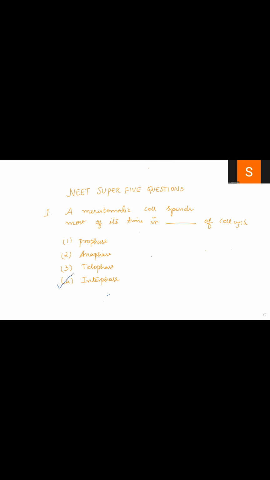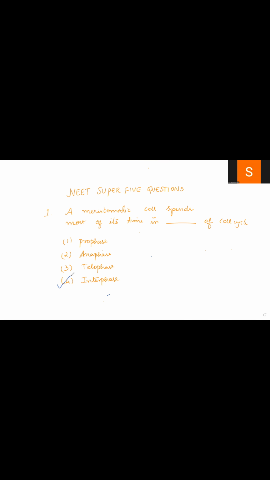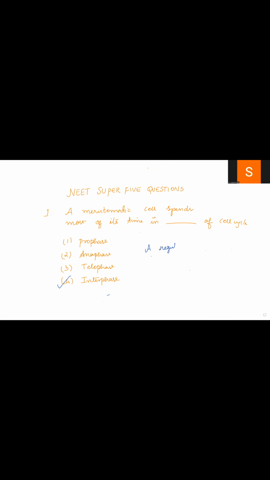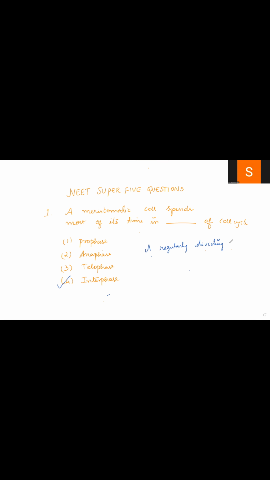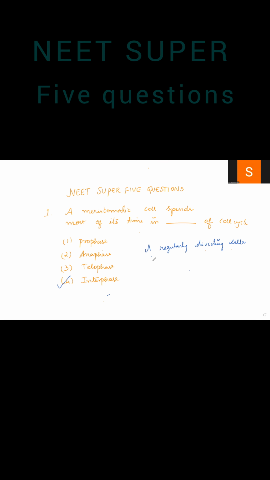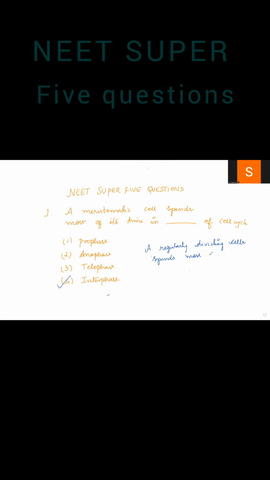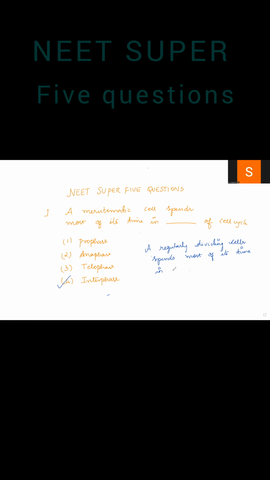Because the cells that are regularly dividing spend most of their time in interphase only. So here, as the solution, we can say a regularly dividing cell spends most of its time in interphase.